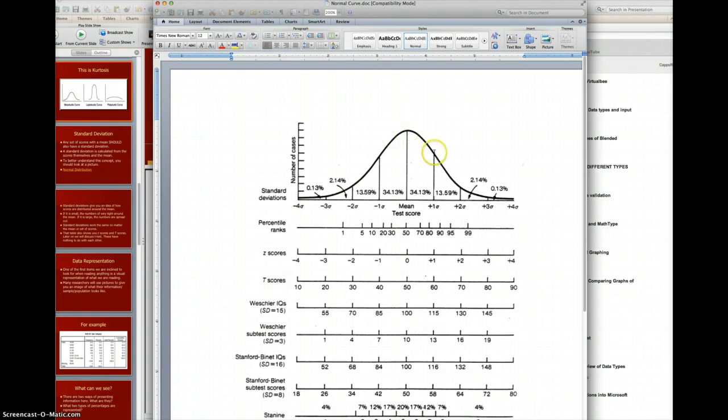So if things are not distributed normally, this curve won't look the same way anymore. It can be pulled one direction or the other. It can be flattened out through the middle. It can be raised up in the middle and pushed in on the ends. If that's happening, the data is not normally distributed.